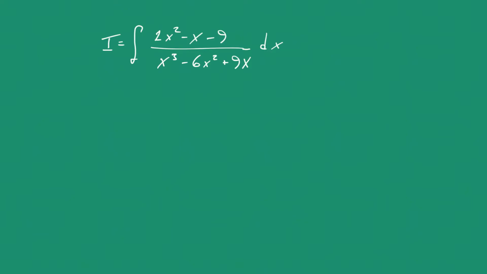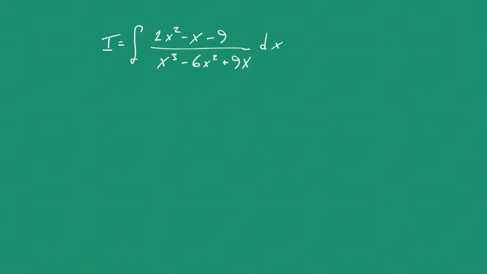So, because we have a rational function with the degree of the numerator strictly less than the degree of the denominator, we can immediately try to apply the method of partial fractions. If the degree of the numerator had been greater than or equal to the degree of the denominator, we would first divide the denominator into the numerator and then reassess.